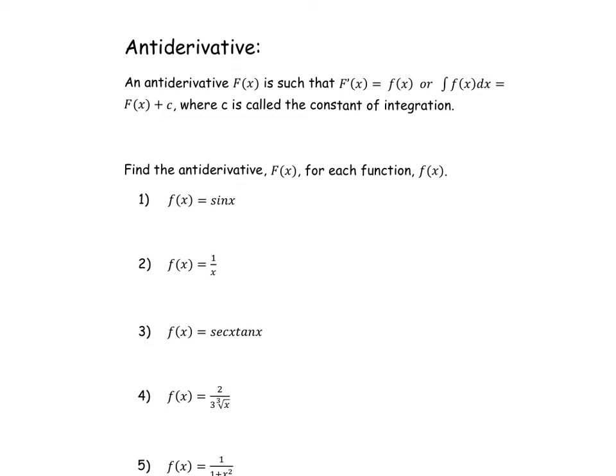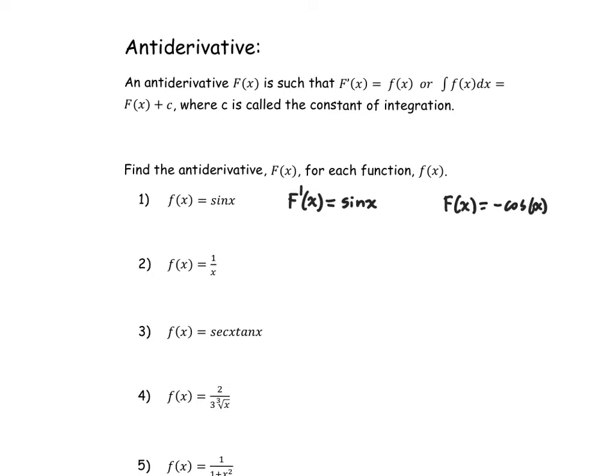So if I were to take the derivative of big F of x, I would get sine of x. All right, so the derivative of big F of x is sine of x. Well, clearly I know that big F of x, just from memory and experience, would be negative cosine of x.